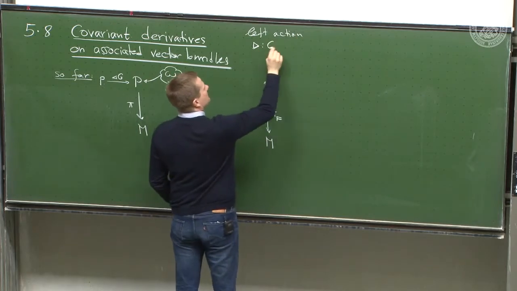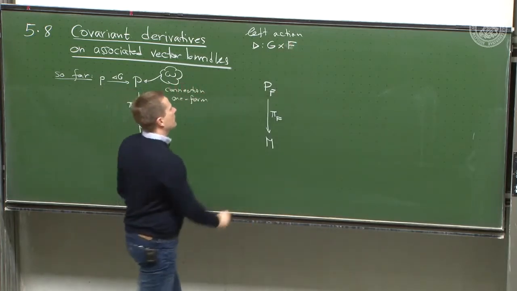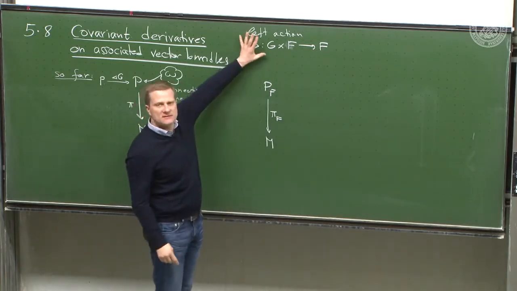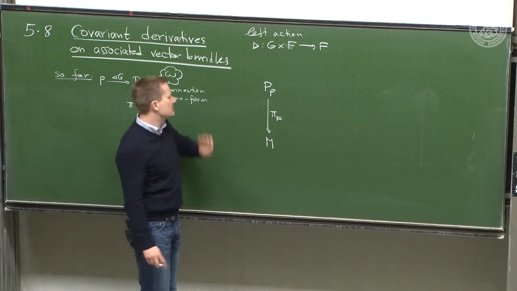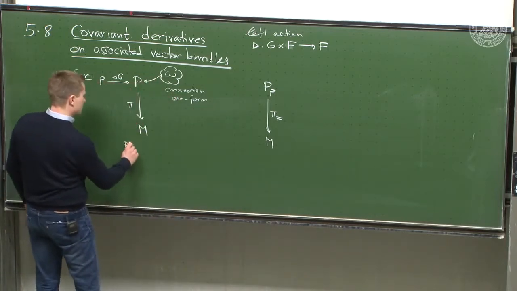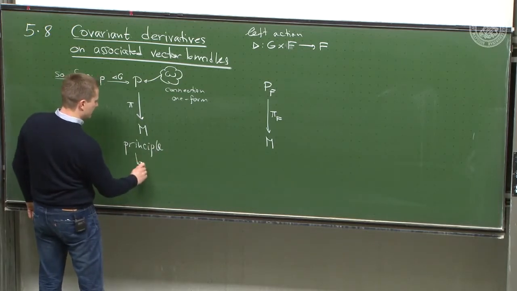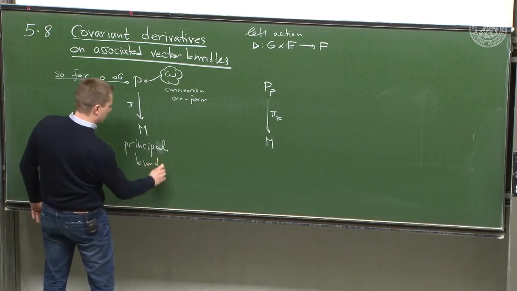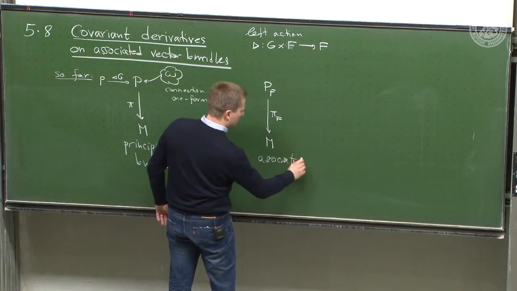In some left action that takes a group element and acts on the fibers F from the left. And in fact, you need to provide this datum of a left action in order to construct this associated bundle. But once you have provided this left action, then you have here the principal bundle, and here the associated bundle.